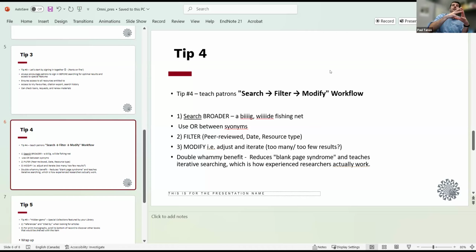And the advantage of talking to students and teaching them about filtering and about modifying their results is that it is very rare that even ourselves as information professionals get to that perfect pot of results, perfect both in number and in relevance, without a number of iterations of searches, right?